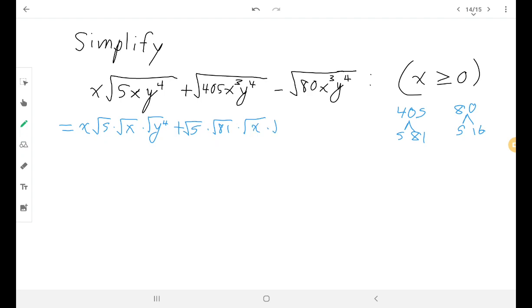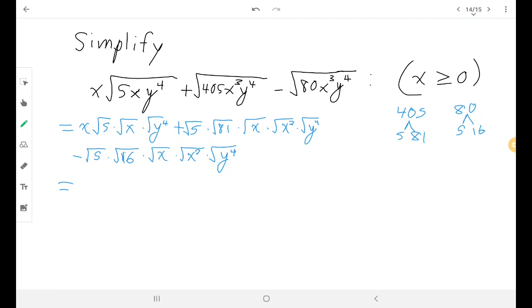So square root of x times square root of x squared times square root of y to the 4th, and we'll see how we deal with that, minus square root of 80, which is square root of 5 times square root of 16 times square root of x times square root of x squared times square root of y to the 4th.